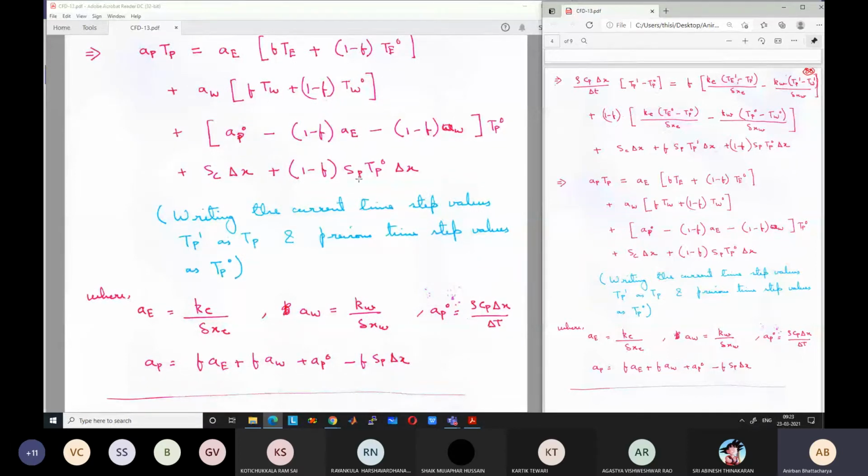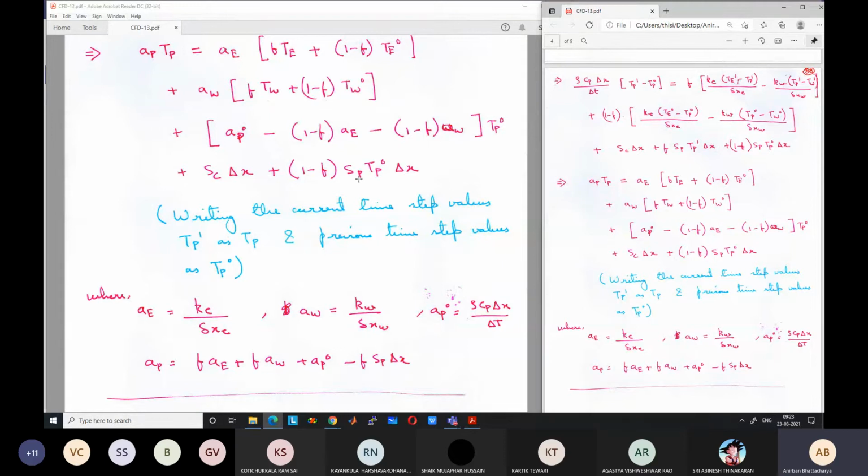Ultimately, it is of the same form as the previous equation, and we can use the same algorithms like TDMA or any of the other matrix inversion processes for solving this set of equations. So if we have n equations and n unknowns, we can solve them simultaneously to get the results.